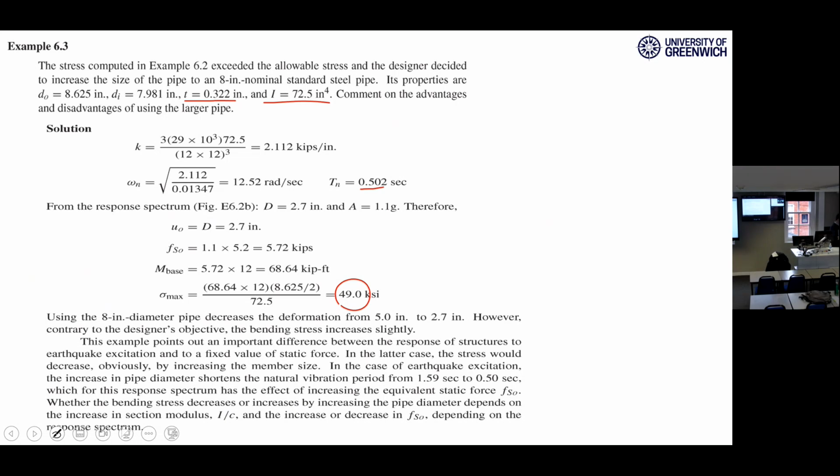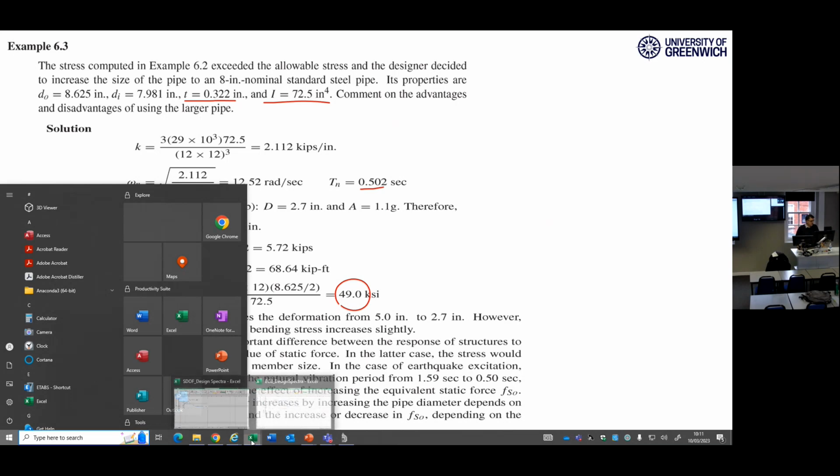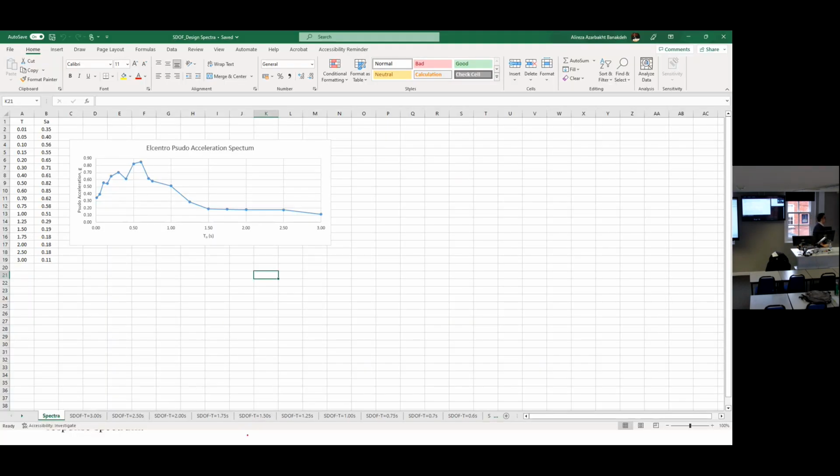What we do with this Tn is go to the spectral acceleration shape and read a number, bring it in, multiply it by the mass, which is constant. When your Tn in the first trial is 1.59, you're reading this number, 0.2.